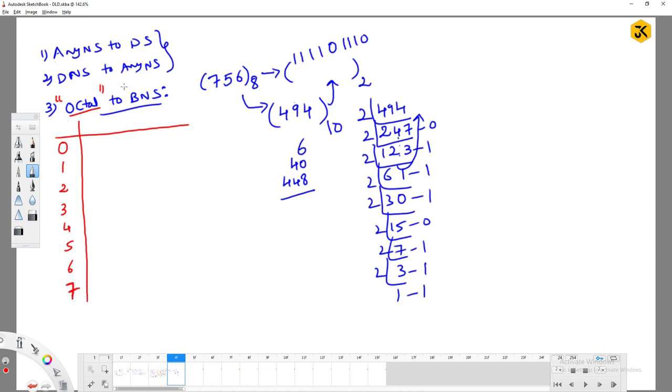How do we represent the number 7 in binary? Triple 1. Can we represent it in the form of triple 1? Yes or no? How are we doing that? Powers of 2: 2 power 0, 2 power 1, 2 square.